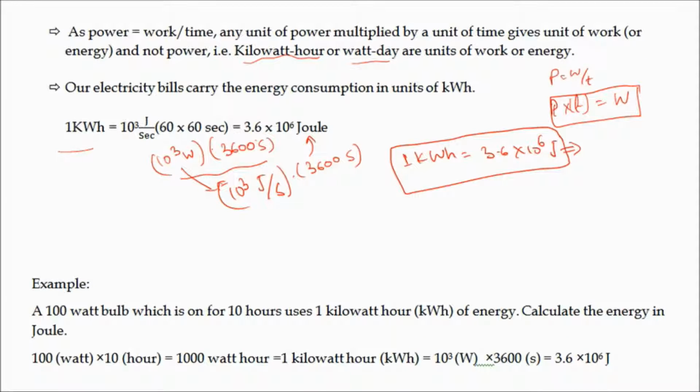Like one example: a 100-watt bulb which is on for 10 hours uses 1 kilowatt hour of energy. Calculate the energy in terms of joule.